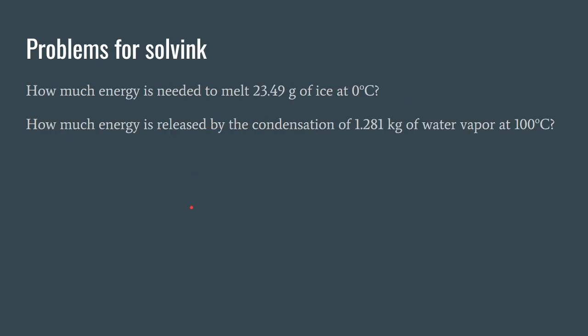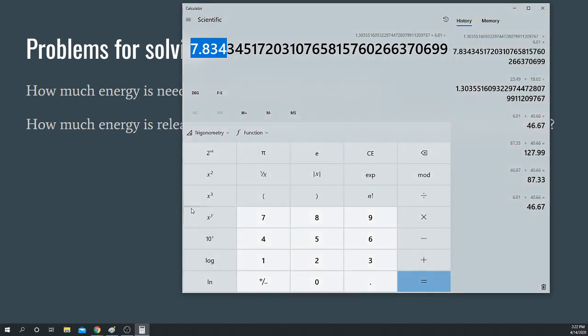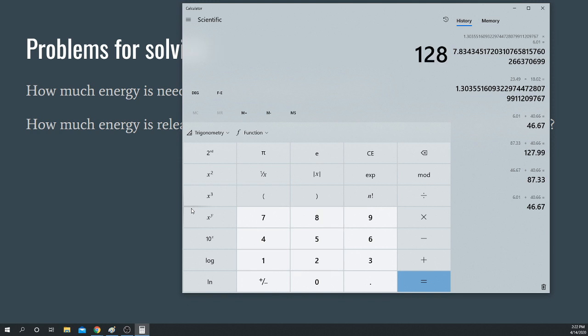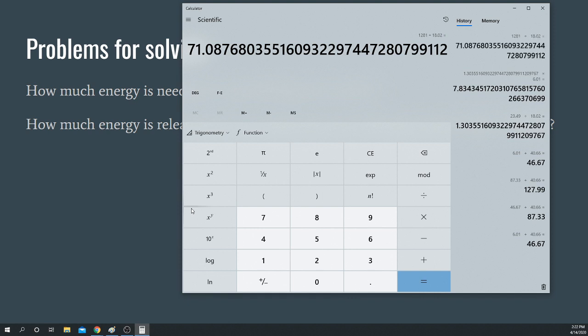So how much energy is released by the condensation of 1.281 kilograms of water? Exact same sort of problem. 1,281 grams divided by 18.02 grams per mole means we have 71.09 moles.